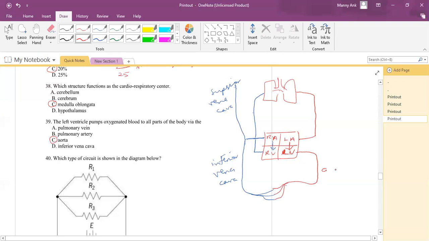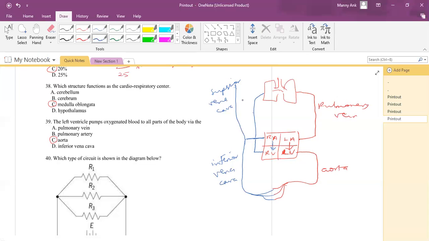So that's the aorta. This is the pulmonary vein. And here you have the pulmonary artery. All right. So that was the overview.